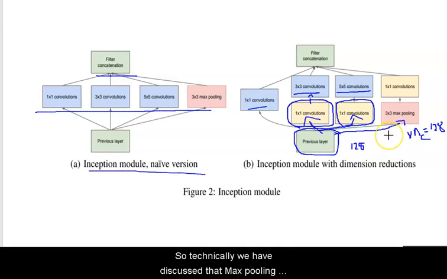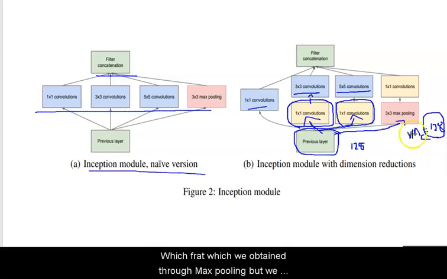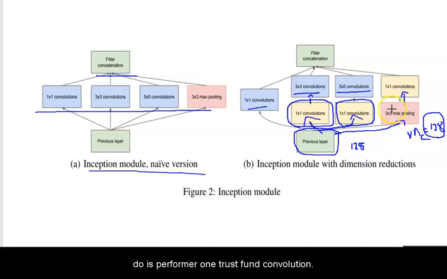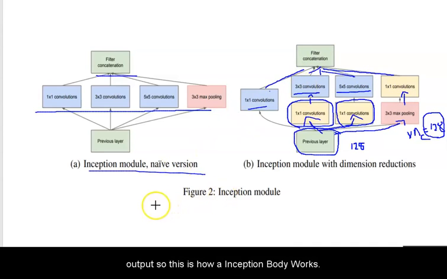We have discussed that max pooling does not reduce the depth of the image, but rather it only shrinks the height and width of your input image. So in order to decrease the depth of this image which we obtained through max pooling, we perform a 1x1 convolution. This will then all be concatenated to get our final output. So this is how an Inception module works.